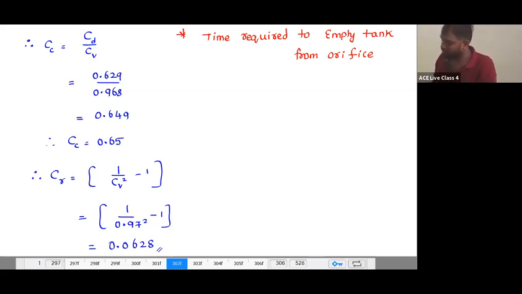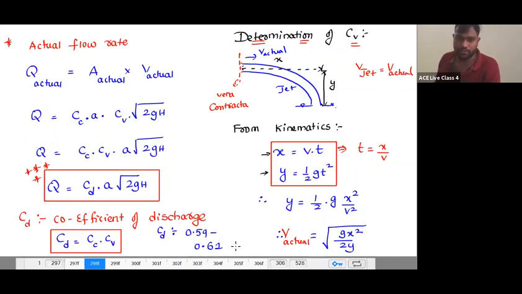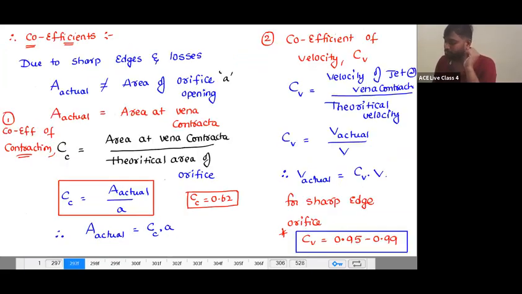Okay, so now I have given the CD range also. The CD range is going to be 0.59 to 0.61 or 0.62. So generally it's going to be 0.62 only. 0.59 to 0.62.